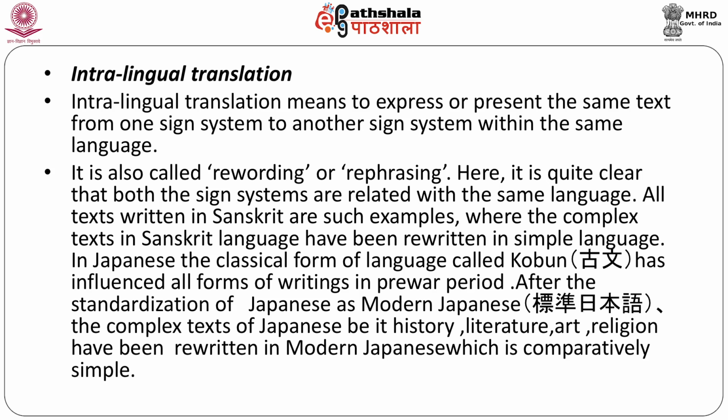Thereafter, due to the standardization of Japanese as modern Japanese, which is in Japanese called Hyojun Nihongo, the complex text of Japanese, be it history, literature, art, religion, have been rewritten in modern Japanese, which is comparatively easy and simple.